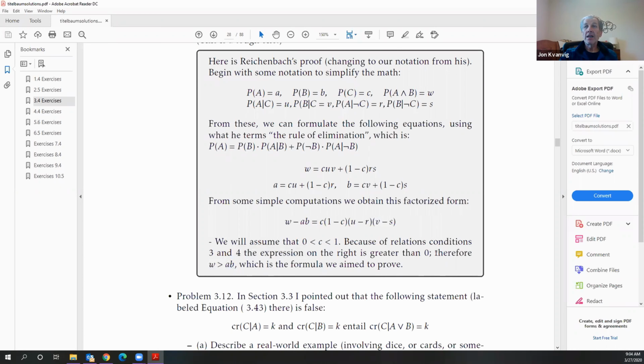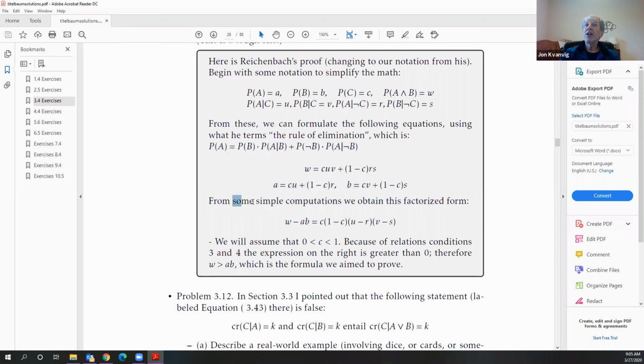Okay, so the crucial things to figure out if you want to see your way through the whole thing. This problem takes inordinately long to see your way through. But given this rule of elimination, you can generate each of these formulas for what W, A, and B have as their values.